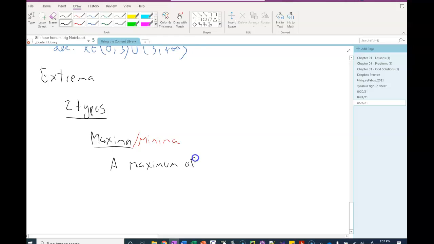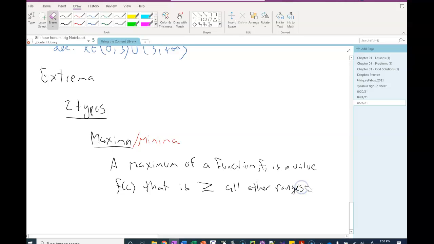A maximum of a function f is a value f of c that is greater than or equal to all other range values of f on some interval containing c.